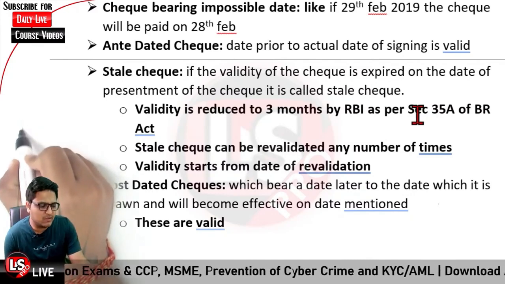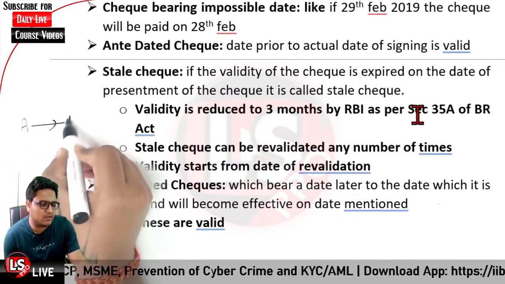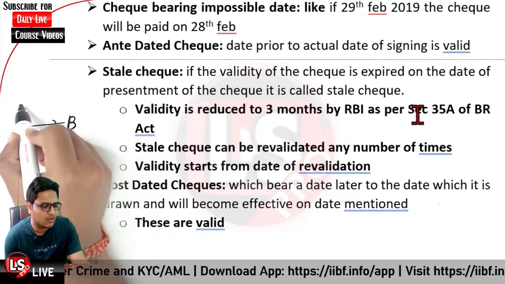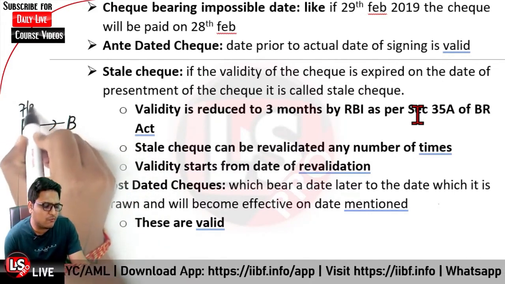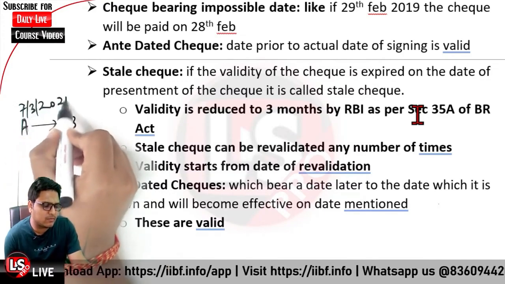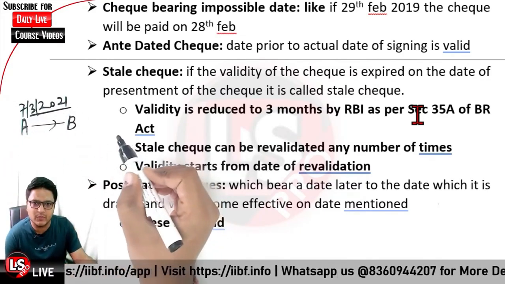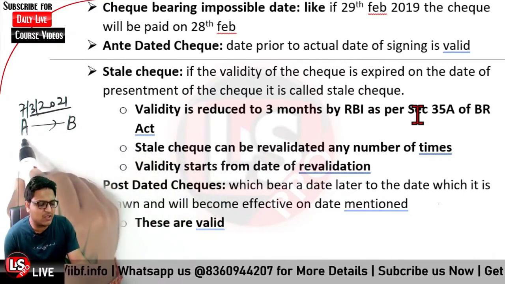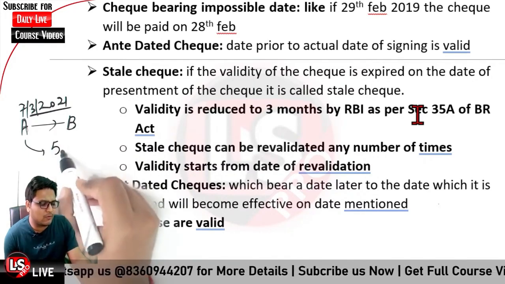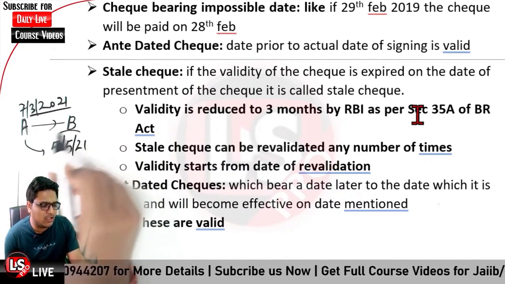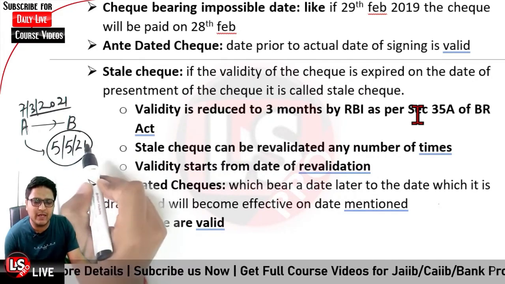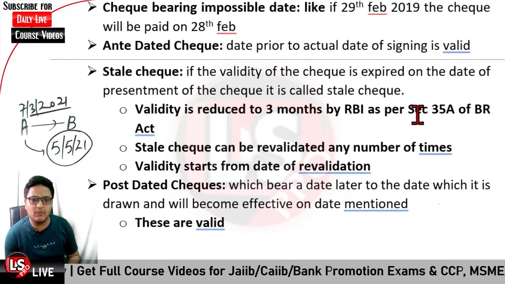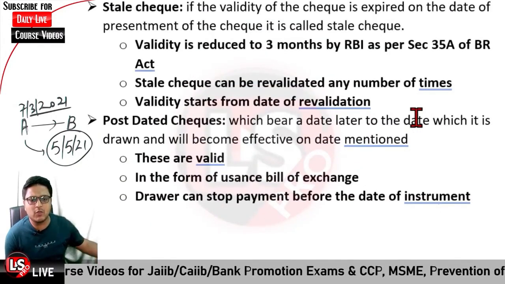So if person A gave a check to person B, and let us say today it is 7th of March 2021, but on the check person A mentioned the date 5th of May 2021, now this check will become valid from 5th of May 2021.